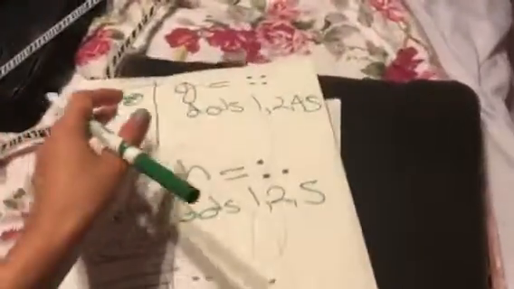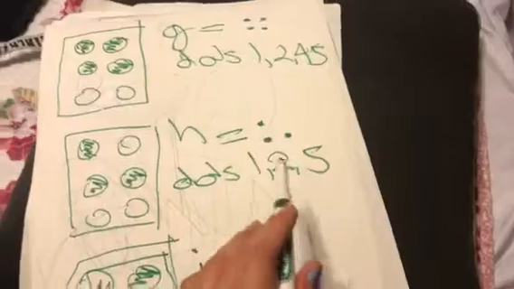So for this, it's actually 2 and 4. So it's G, 1, 2, 4, 5, H, 1, 2, 5 together, and then I is 2, 4.